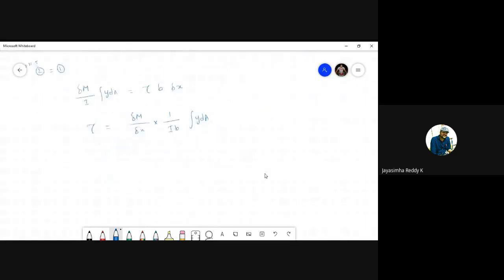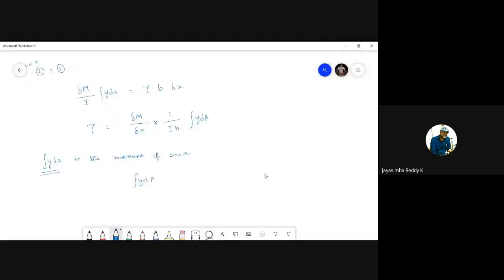Integral over y dA is the moment of area, which can be given as A y bar. We can take this as A y bar.